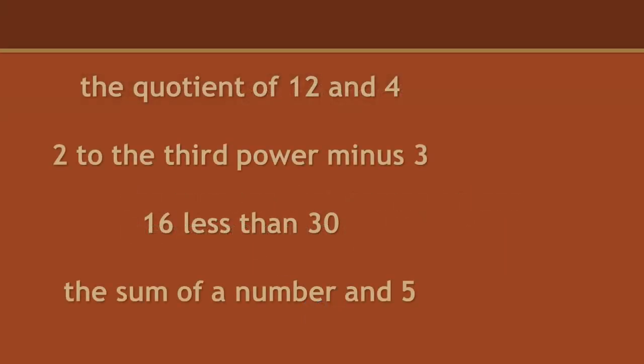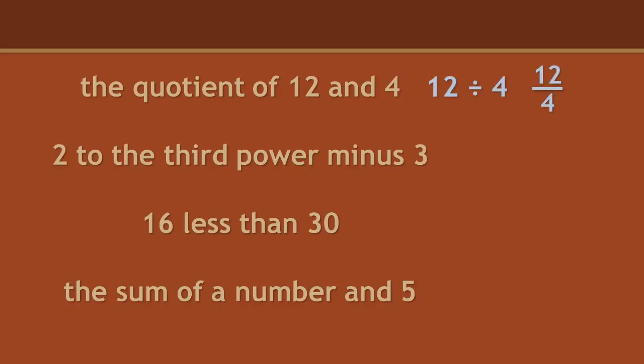Okay, let's take a look at some more examples of expressions. So these expressions are written out, and we are going to write them as numerical expressions. So the first one says the quotient of 12 and 4. If I asked you to write a numerical expression for the quotient of 12 and 4, you would write 12 divided by 4.